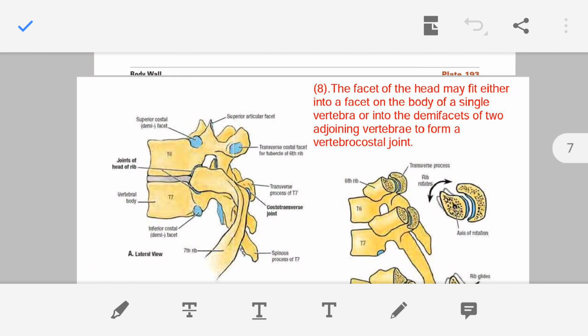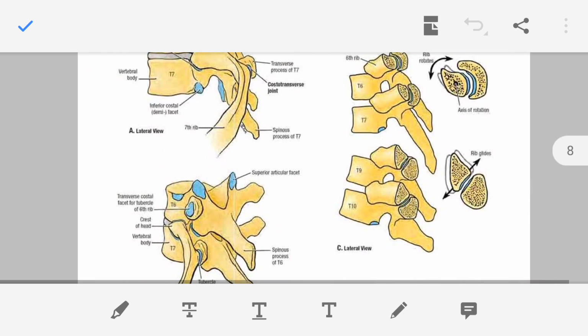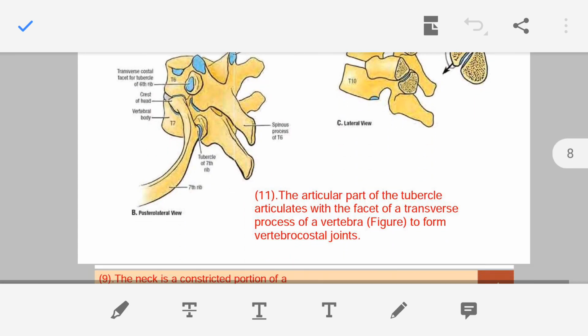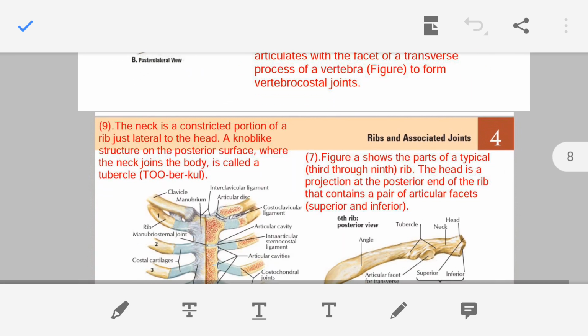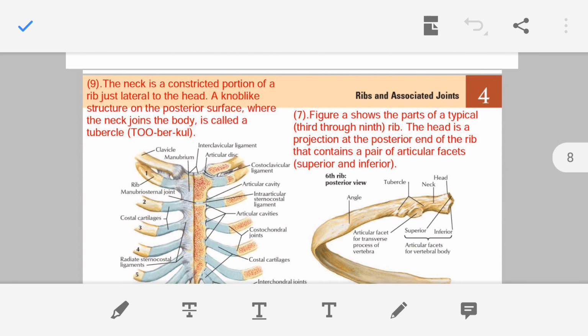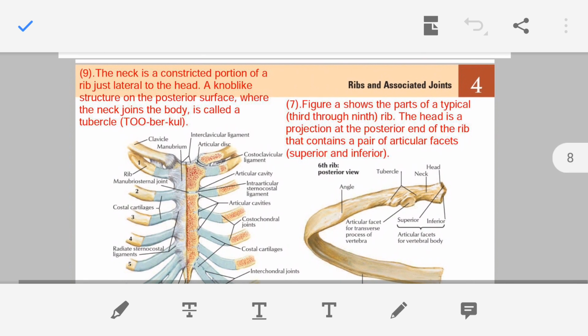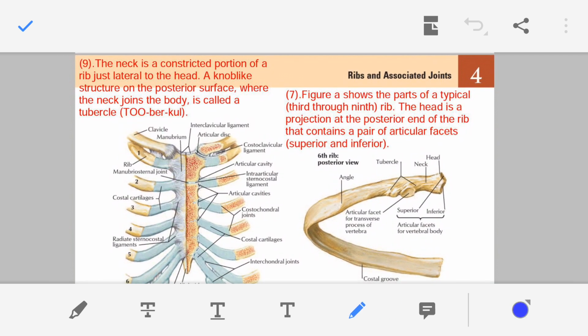Now moving on to the ninth point of our discussion. Just lateral to the head, a constricted region is present in the rib.